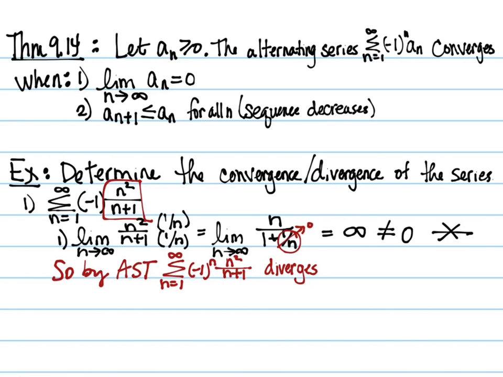Now keep in mind, I don't need to check the second condition. It's completely irrelevant. So I'm done if I get one of them to fail. If this one had passed, if that limit was 0, then I'd have to check the second one as well.